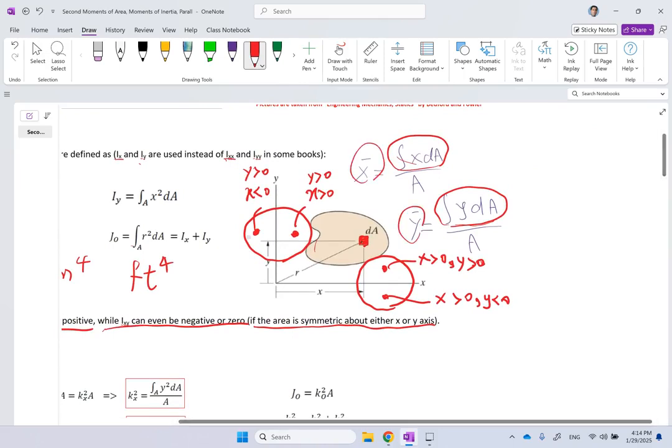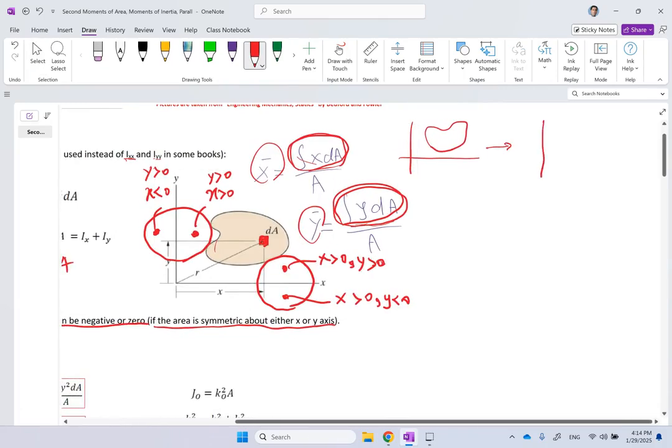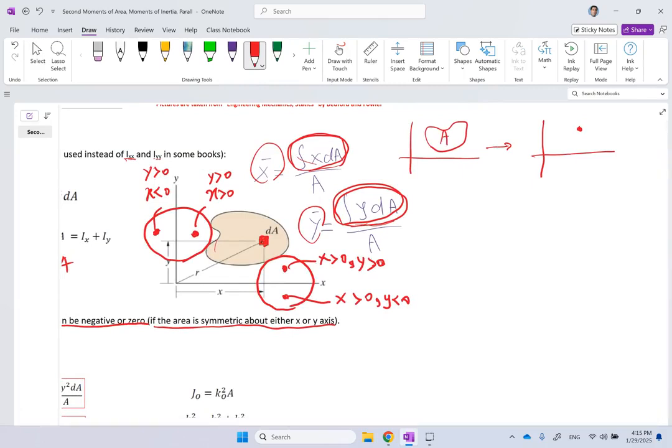We said that instead of having the actual surface and finding these two first moments for it, we can squeeze this entire surface into a single point and put it in this location, x bar and y bar.